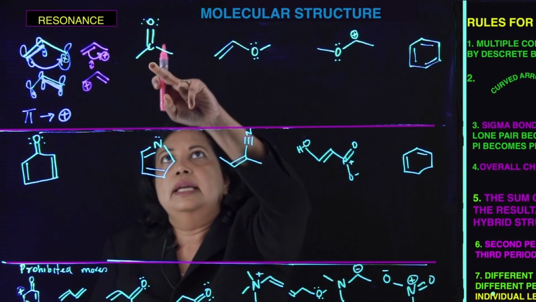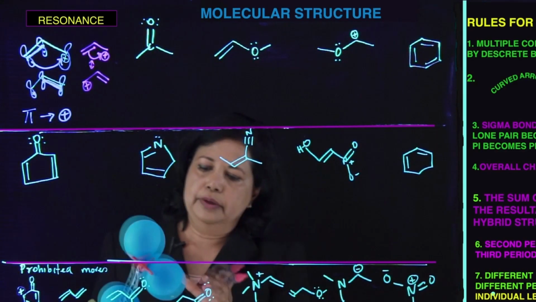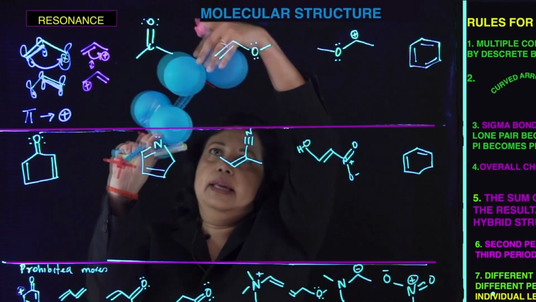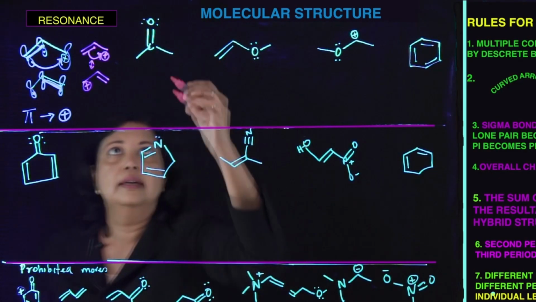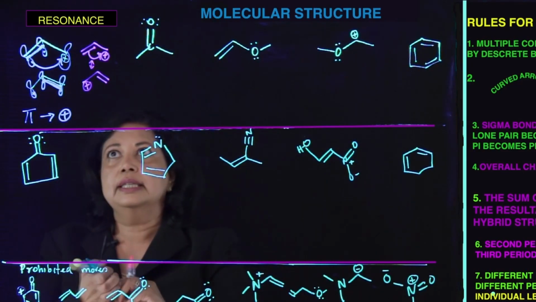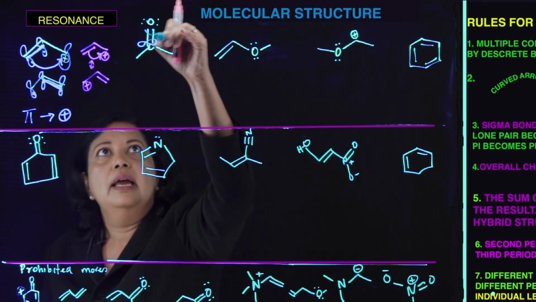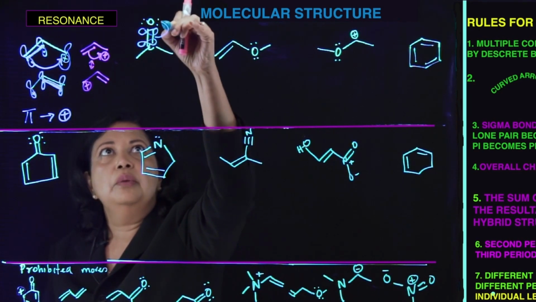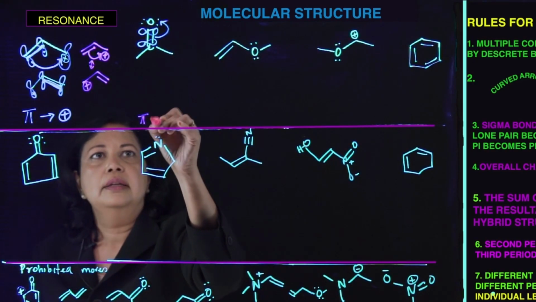Here's another one. We have here a pi, and you have a lone pair. Here's your pi. So the pi can go on top there. So here, you can take the pi electron here, and it can become a lone pair. So this is pi to lone pair.